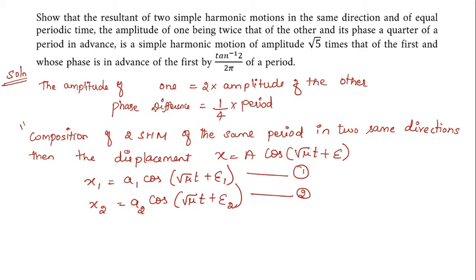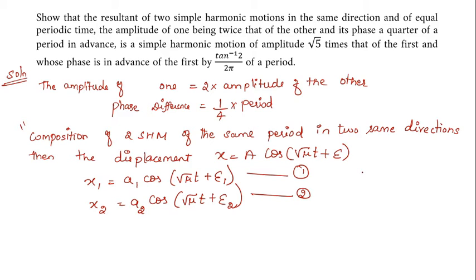From the first condition, the amplitude of the one is equal to 2 into the amplitude of the other, so A2 is equal to 2 A1. We know that x1, x2 are displacements, A1, A2 are amplitudes, epsilon 1, epsilon 2 are the two different phases, and period is 2 pi by root mu. We learned all these in the basic definitions of simple harmonic motion.